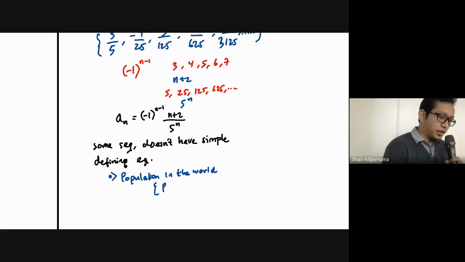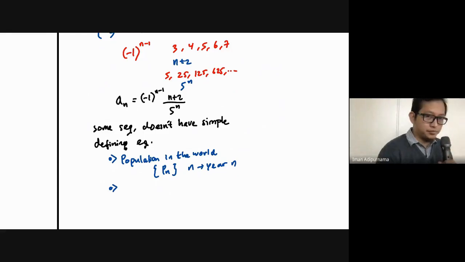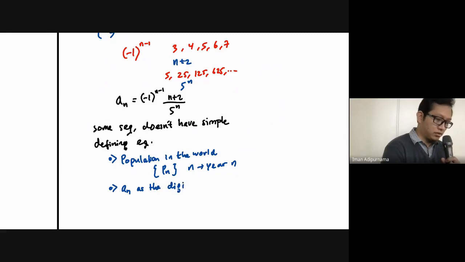Like for example, P_n, where n is the year end. And then maybe a_n as the digit in the nth decimal place of e.